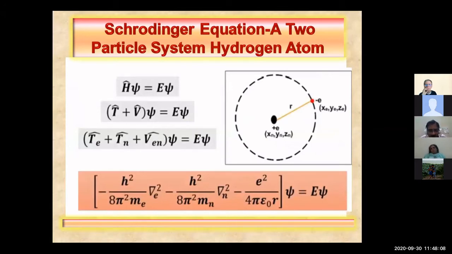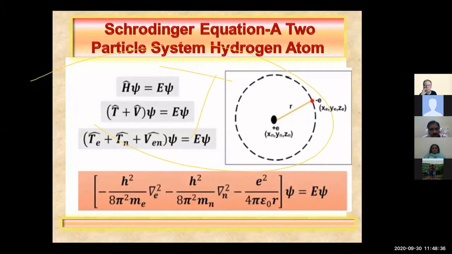Let us now have a look at the time independent Schrodinger equation. This is just for a one electron problem, the hydrogen atom. We all know that this has the kinetic energy term corresponding to the nucleus, the kinetic energy term corresponding to the electron, and the potential energy term in terms of interaction between the electron and nuclear charge.